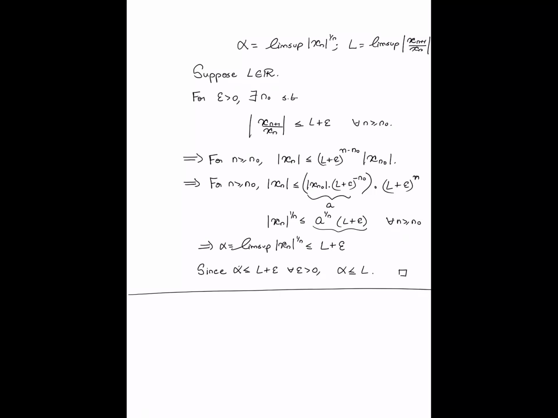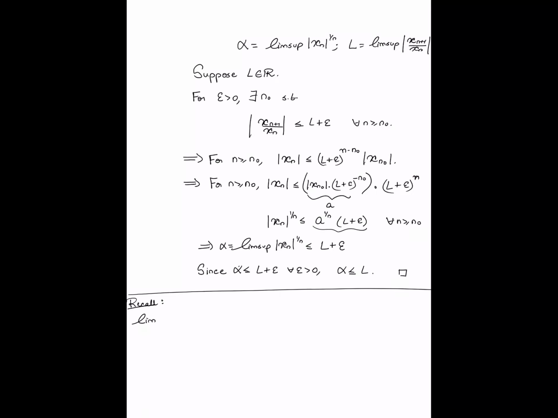Okay. However, what I'd like to do is restate that inequality here and give you a couple more takeaways in terms of the relationship between the root test and the ratio test. So recall that this is what we have just proved, right?